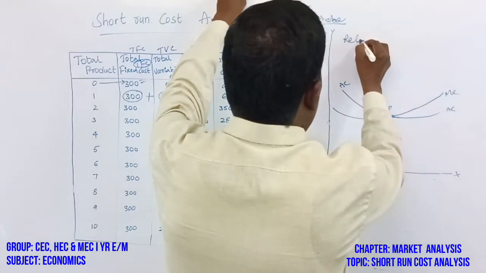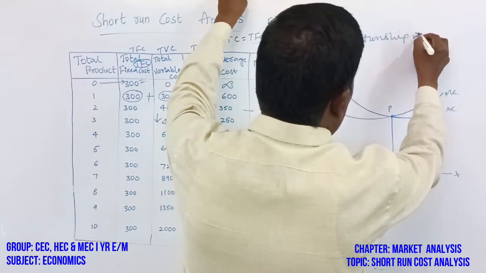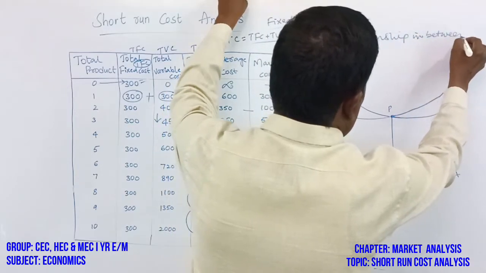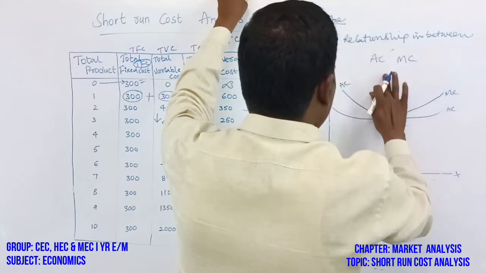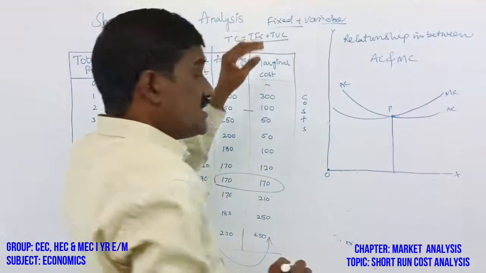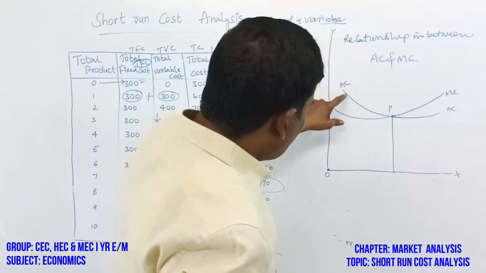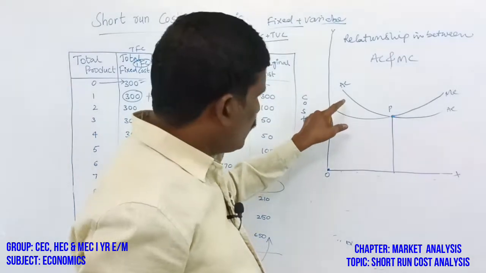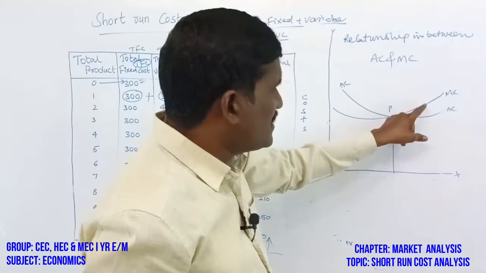This is the relationship between AC and MC. Initially the AC is greater than MC, and both decrease, and at the point where both are equal, then the AC increases.